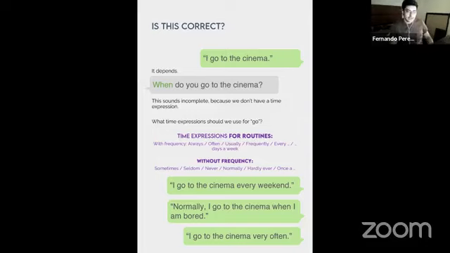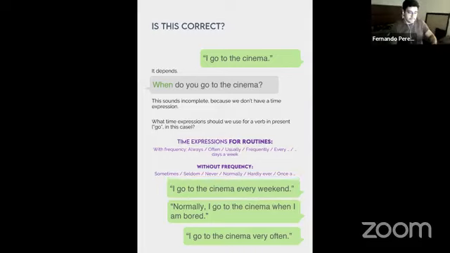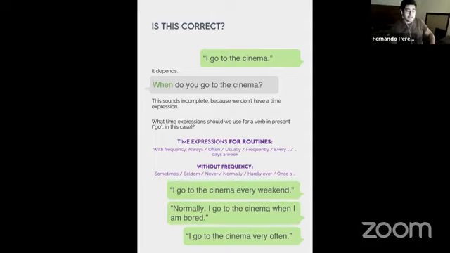What time expression should we use for a verb in present? A verb in present, go in this case. That's the correct answer.